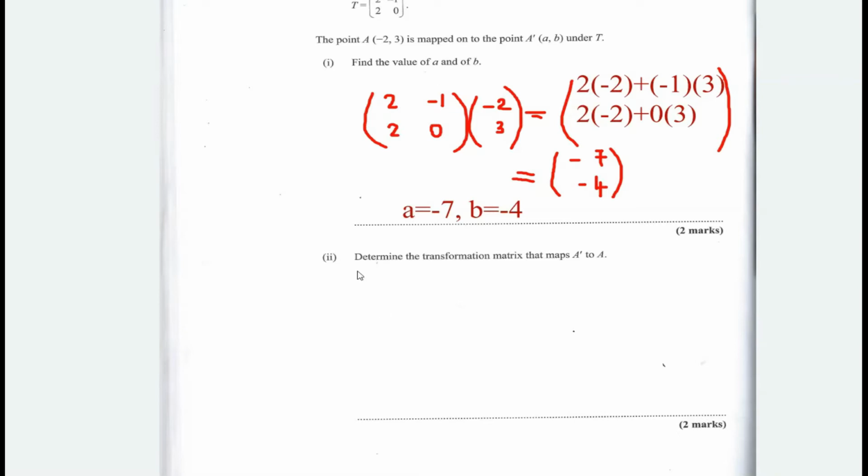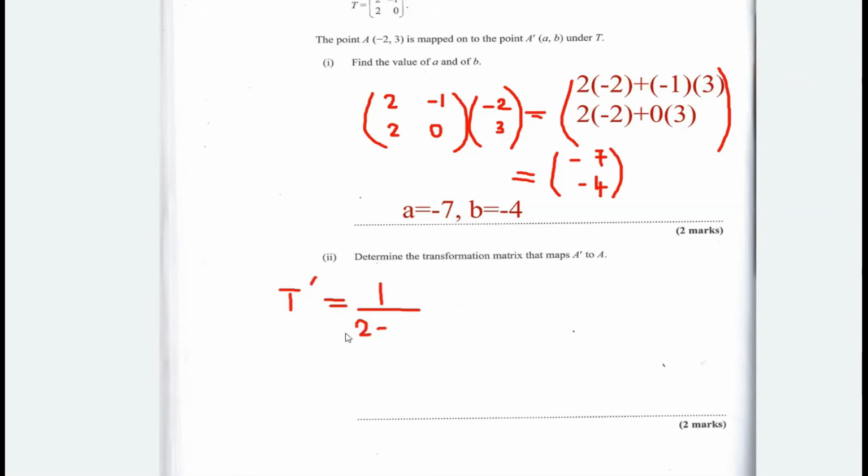Let's call it T prime, which is the inverse of T. It will be 1 over the determinant of T, and the determinant of T is the product of the leading diagonal minus the product of the non-leading diagonal.